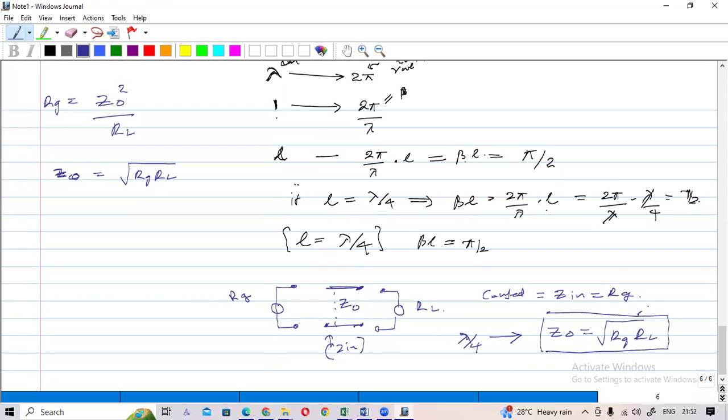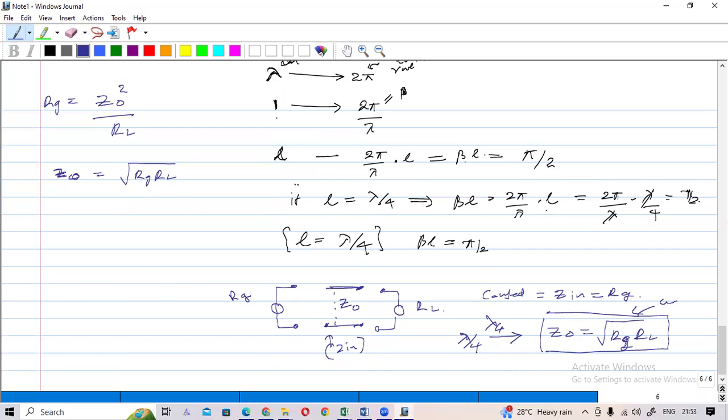So this is the conjugate mapping, okay? For a real source impedance and a real load impedance, you can do the conjugate mapping easily by using a lambda by 4 transmission line section, and you can easily calculate the Z value.